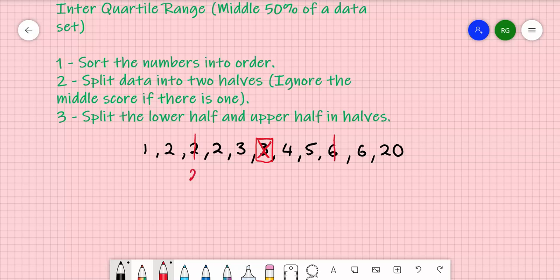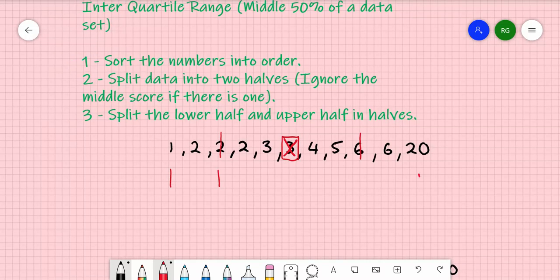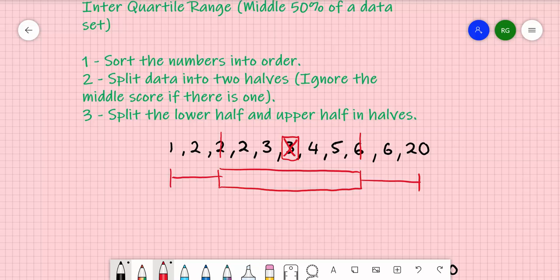The way we can sometimes draw this is a bit like, I'm going to put a little line at each of those marks. You can draw something like this, where that is a 6, that is a 2, the middle was a 3, the highest is 20, the lowest is 1.